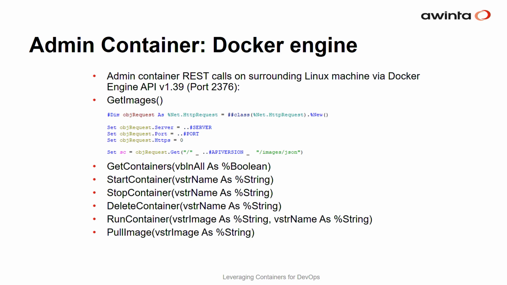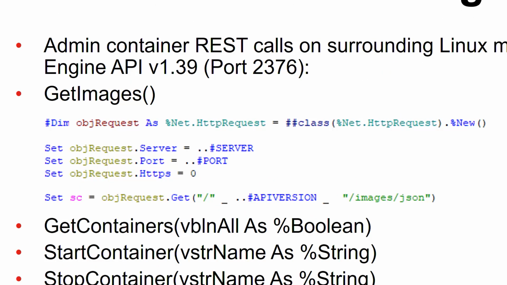Here I have an example for you of how we get, for example, the list of images. In ObjectScript, we create a %Net.HttpRequest object and set the server IP address, for example, 192 and so on.